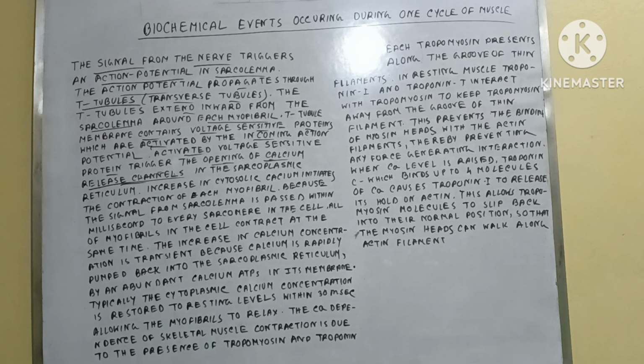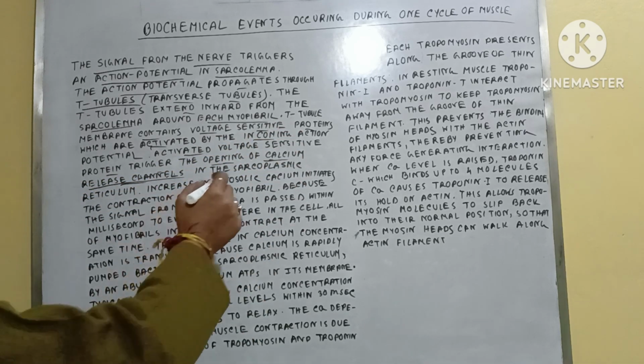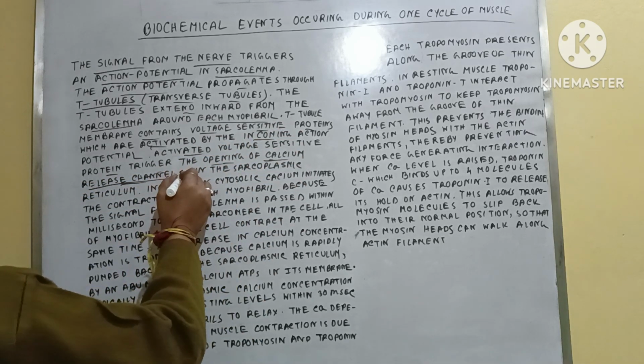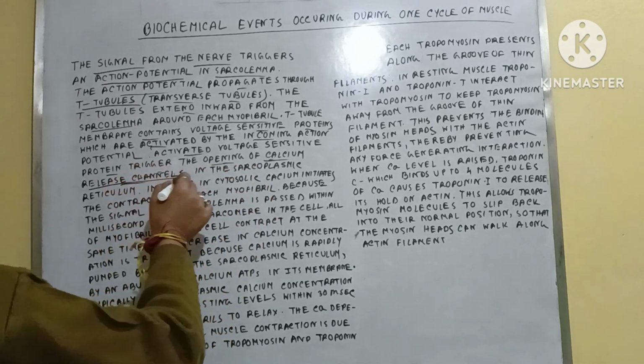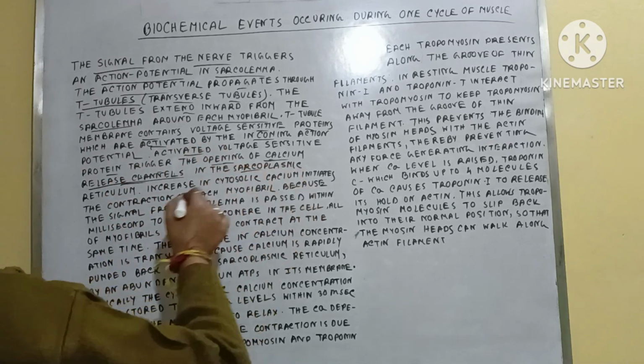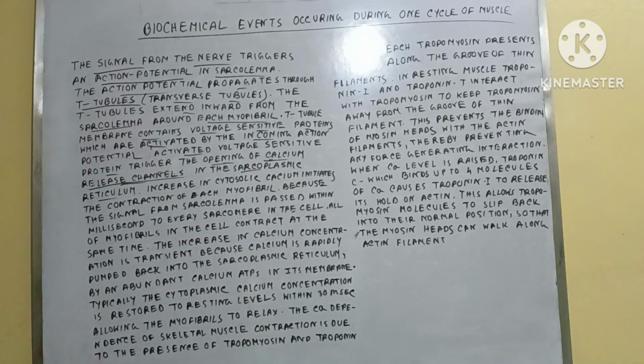Okay, so calcium releasing channels are opened by the activation of the voltage sensitive proteins, and these channels are present in the sarcoplasmic reticulum. Just like the endoplasmic reticulum, the sarcoplasmic reticulum is present in the muscle cell.